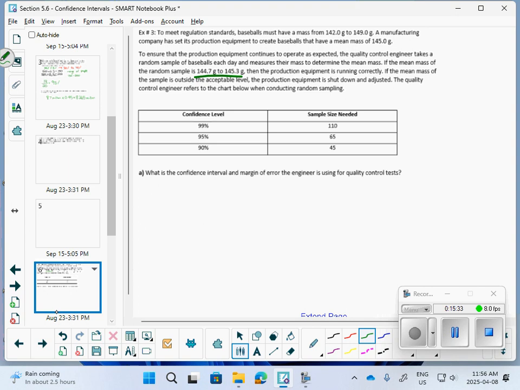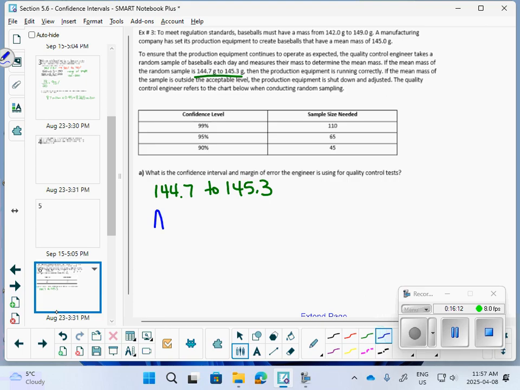We need to figure out the margin of error, which means I need to find exactly the middle. So how do I find the middle of 144.7 to 145.3? You don't want to minus them, minusing we have to do next.